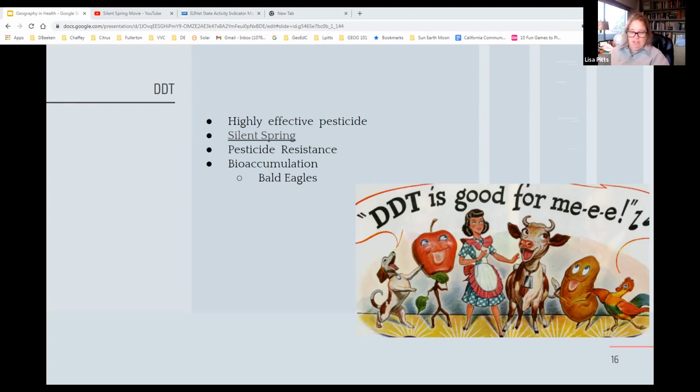But I love this, DDT is good for me. There was a little song back then, and it was just crazy. I remember as a kid, they used to spray malathion to get rid of fruit flies. The Mediterranean fruit fly was a big deal in California in the 70s and 80s.